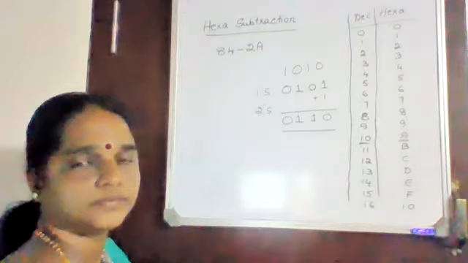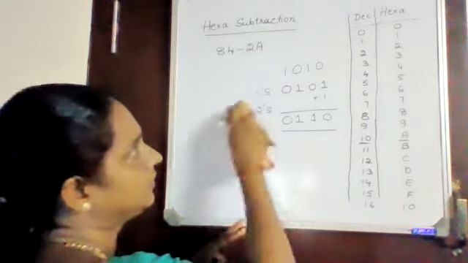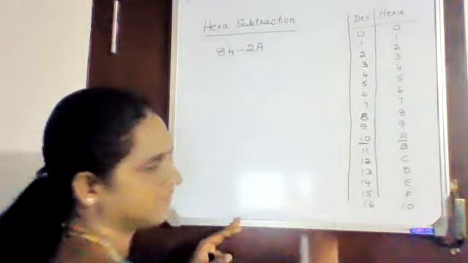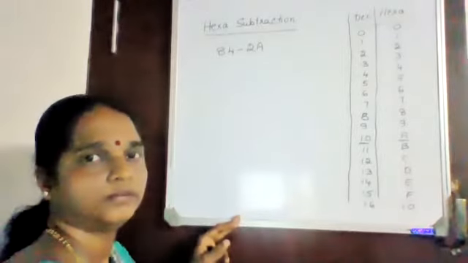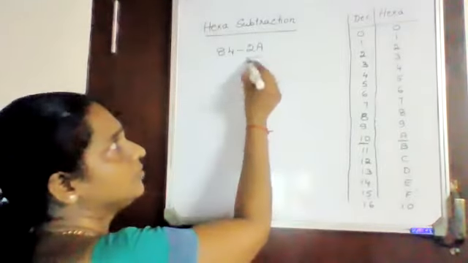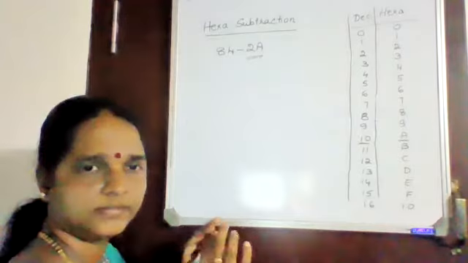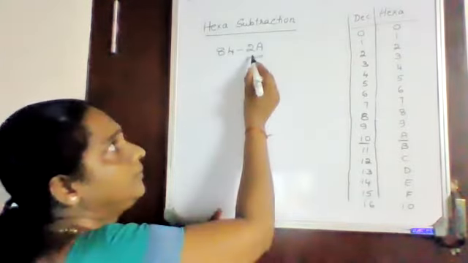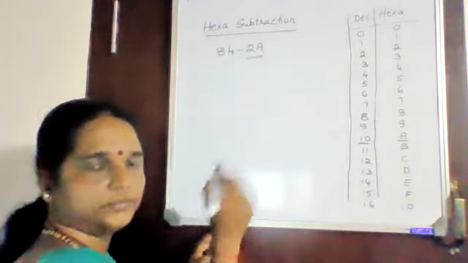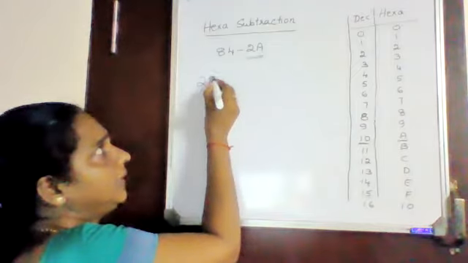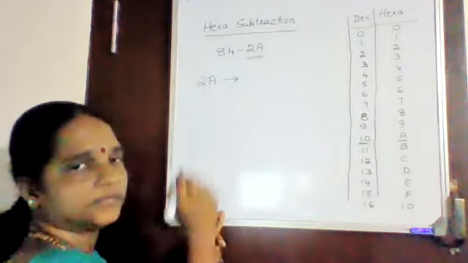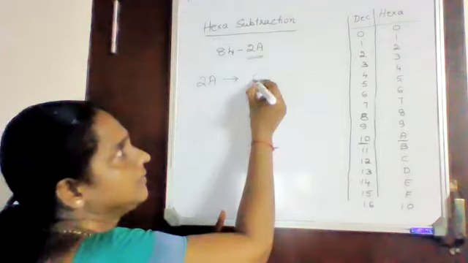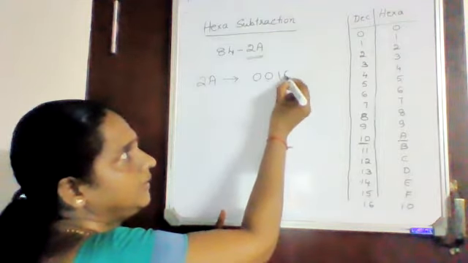Now, first what we have to do here is 2's complement subtraction, in the sense, find the 2's complement of this 2A. 84 is retained as it is. We have to find the 2's complement of 2A. So, binary value of 2A first we'll write. 2 is 0, 0, 1, 0.